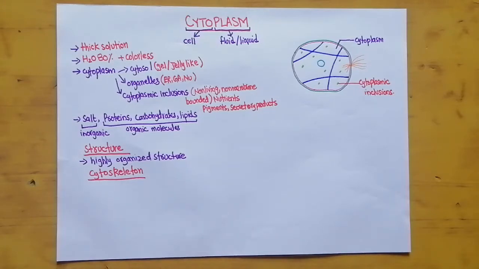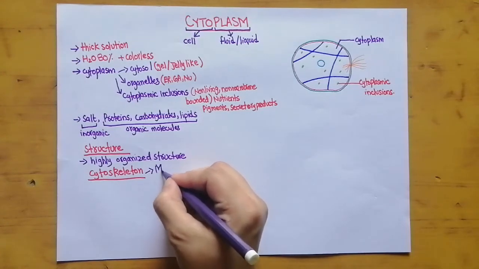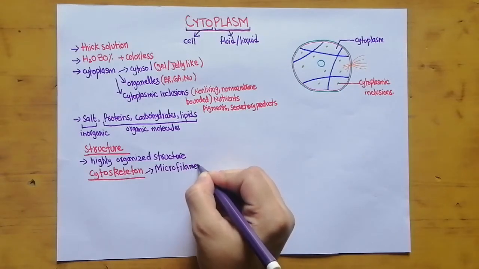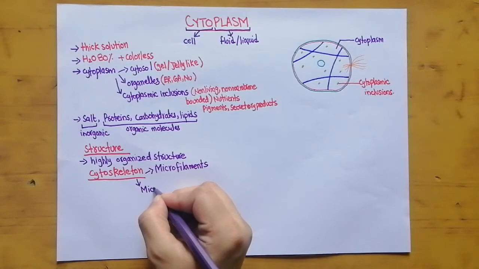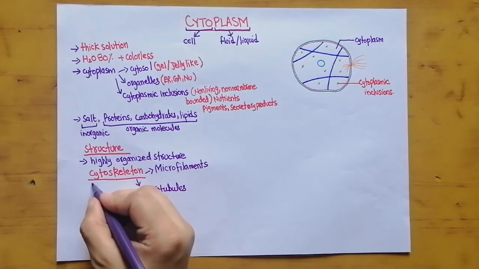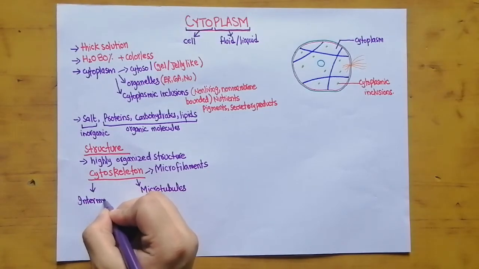They are of three different types: microfilaments, microtubules, and intermediate filaments.